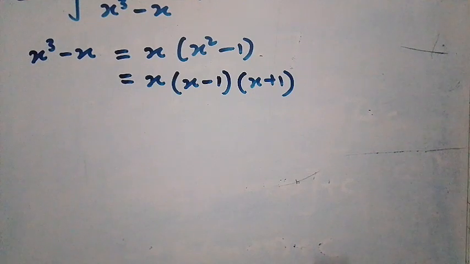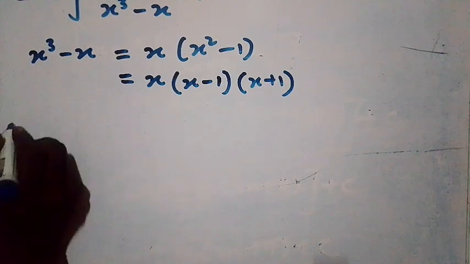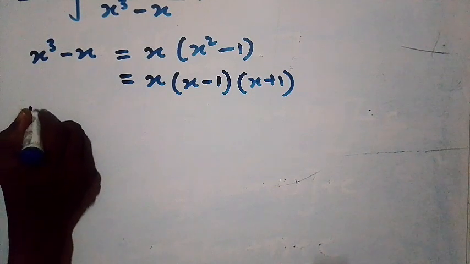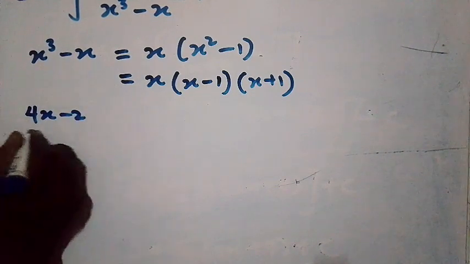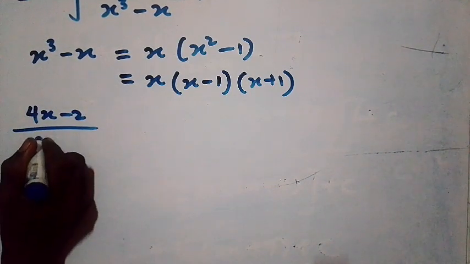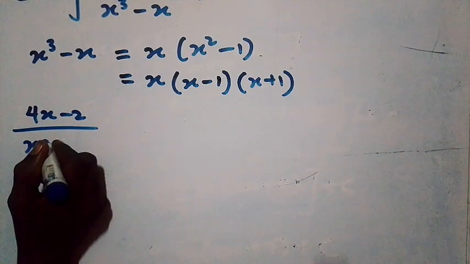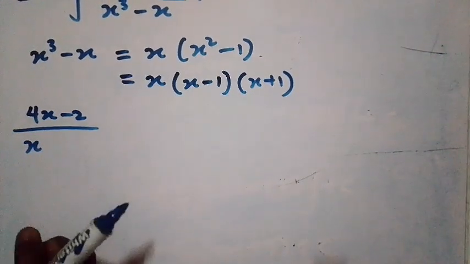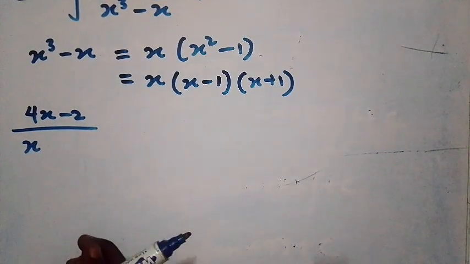Now, let's use partial fractions. From (4x minus 2) over x cubed minus x, note the denominator is x raised to the power of 3 minus x.